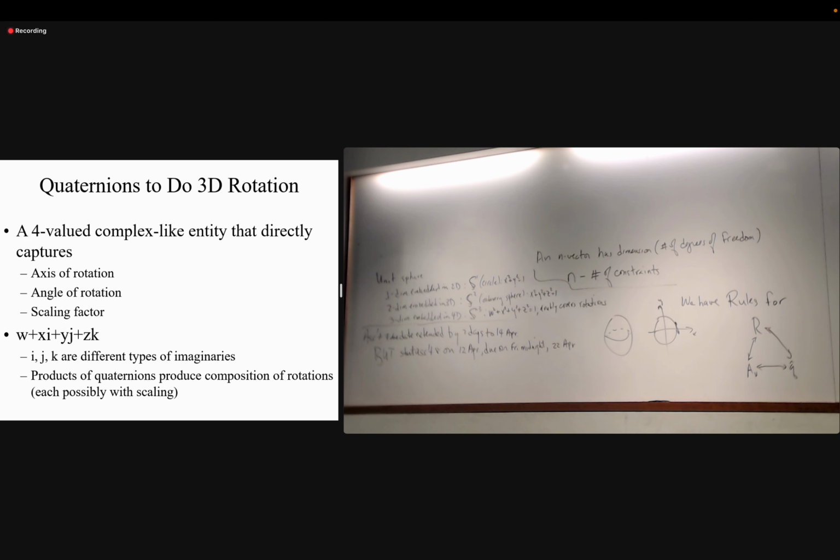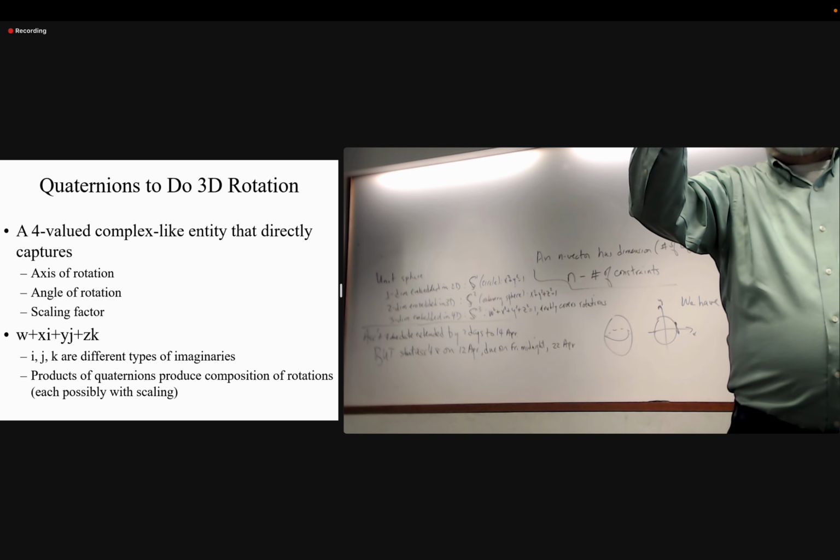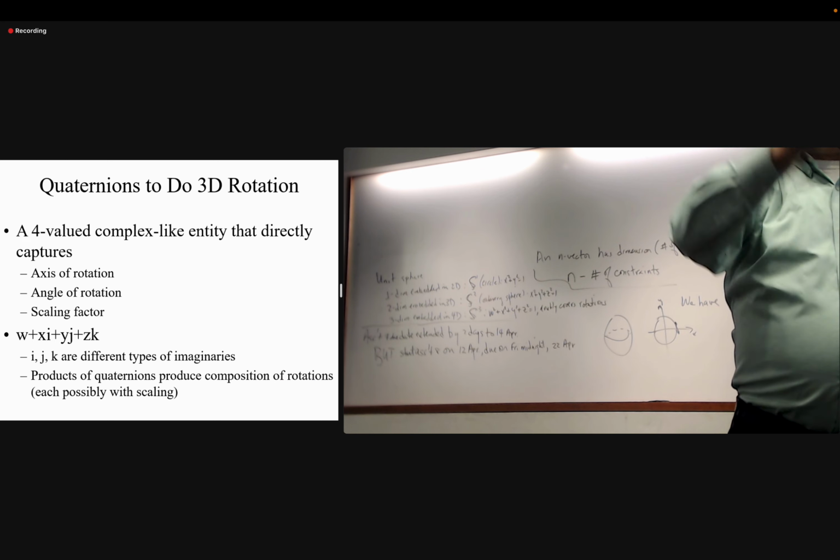The 3-dimensional sphere embedded in 4D is called S3. It's a 4-tuple w, x, y, z, but with the constraint that w squared plus x squared plus y squared plus z squared equals 1. And that thing doubly covers rotations, because you can have a rotation, positive angle of rotation around an axis, or a negative angle of rotation in the opposite direction axis.